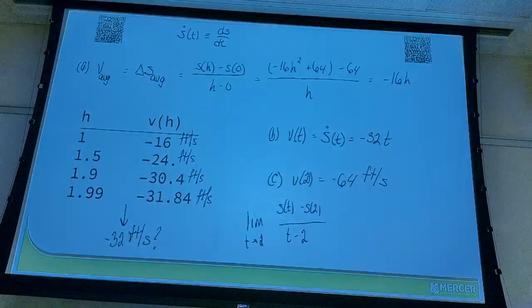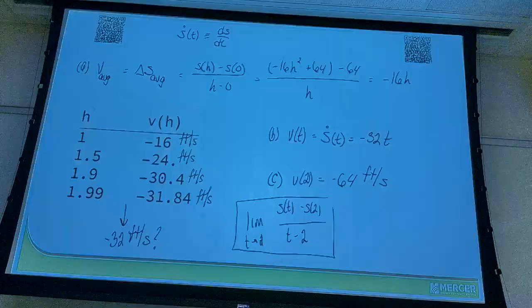So our actual velocity is twice what the averages appear to be approaching. That's interesting. Average is essentially going to wind up getting divided by 2 right from 0 to 2.